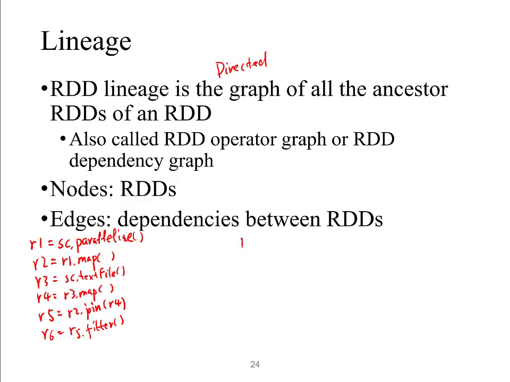R1 and R3 are initialized either from the driver program or from a file in an external storage system, so they have no parents here. R2 is R1's child, and R4 is R3's child. R5 is the child of R2 and R4. And R6 is R5's child.